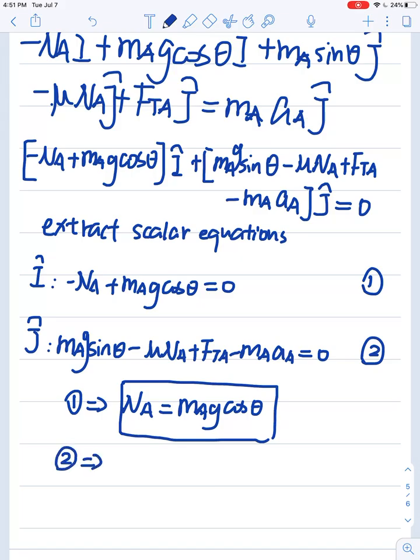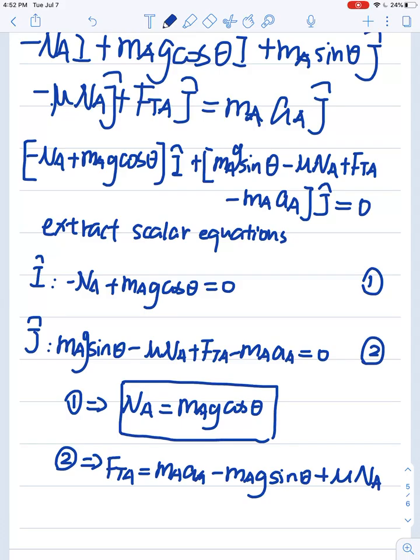Okay, from equation 2, what can we get? FTA is the only unknown, so we can put FTA on one side of the equation and put everything else on the other side, which is MA AA minus MA g sine theta plus mu NA.